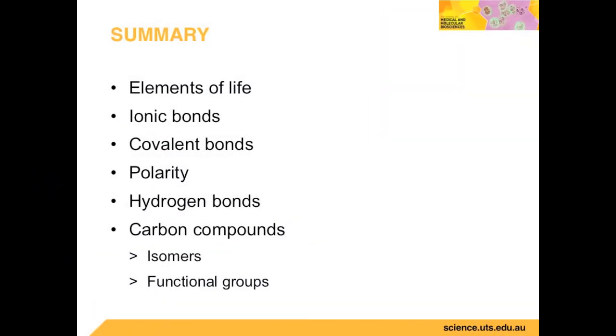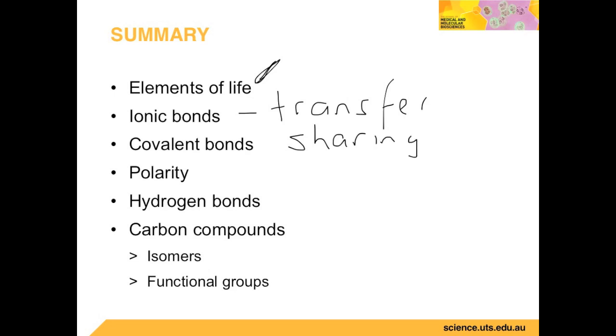So in these vodcasts, we've looked at elements of life, such as carbon, hydrogen, oxygen, nitrogen. We've looked at ionic bonds, which is the transfer of electrons. And we've looked at covalent bonds, which are the sharing of electrons.